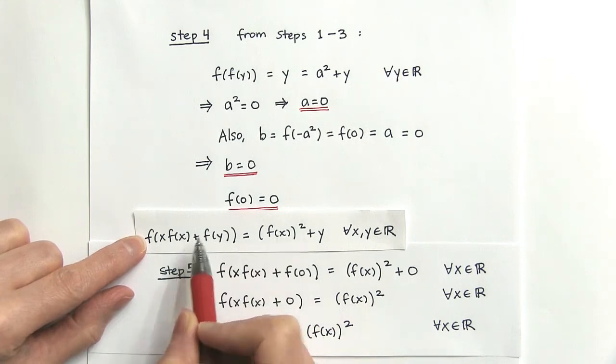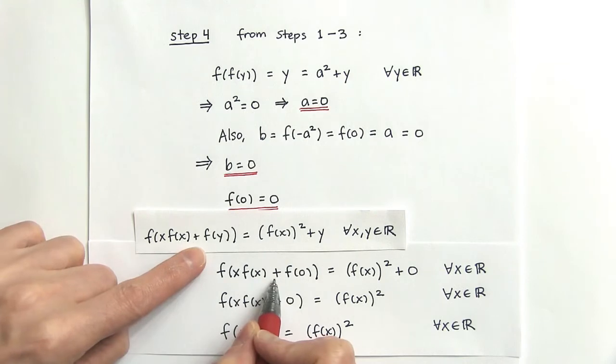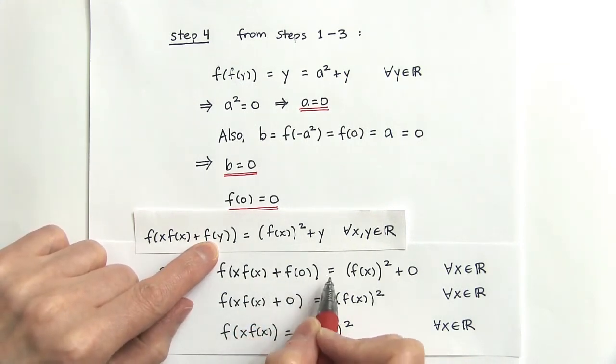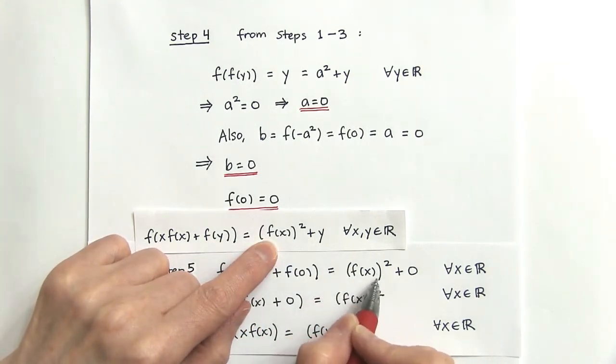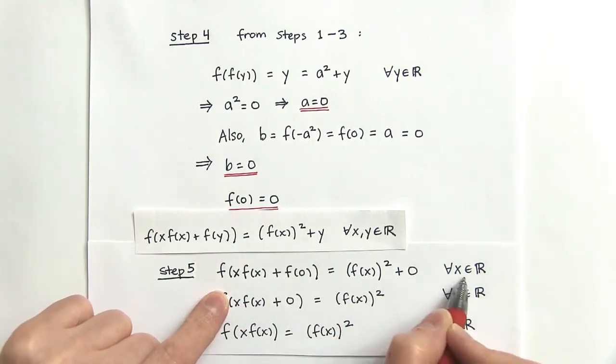So the left-hand side becomes f evaluated at x times f at x plus f at 0, and the right-hand side becomes the square of f at x plus 0, and this must be true for every real value x.